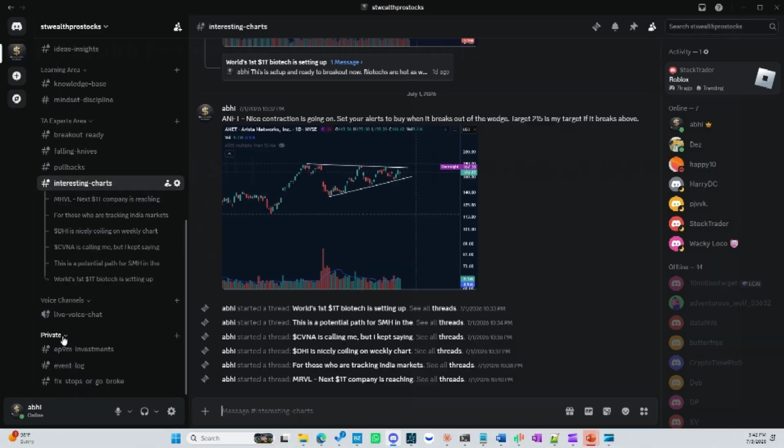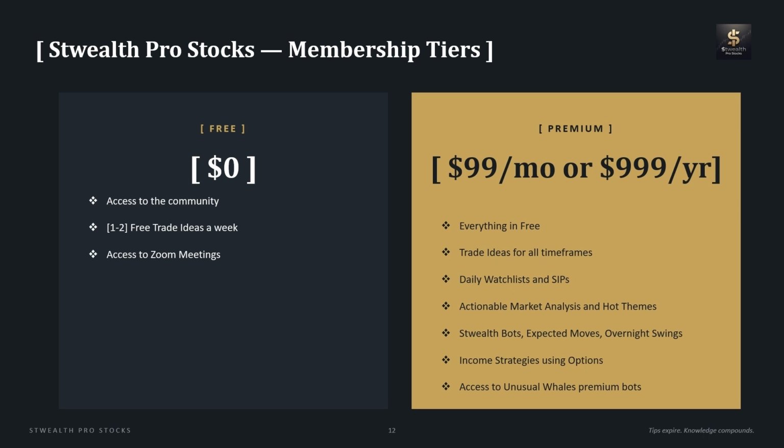So for those who are watching and interested in this Discord membership, here are the details. Essentially, there is free access to this Discord server where you get access to the community, where you can participate and ask questions or discuss. And you will get one to two free trade ideas a week.